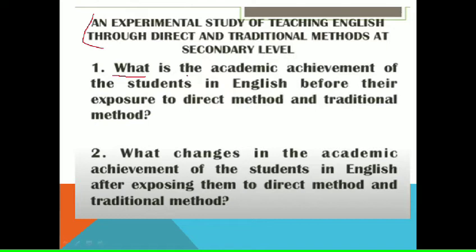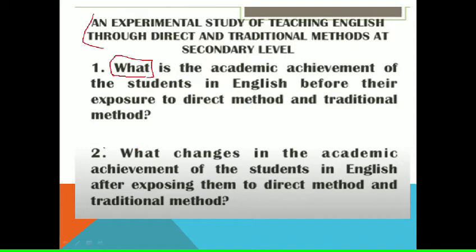The answer is descriptive. Kay kung ang mga question kay what is the academic achievement, ang imong gamiton is descriptive statistical treatment.